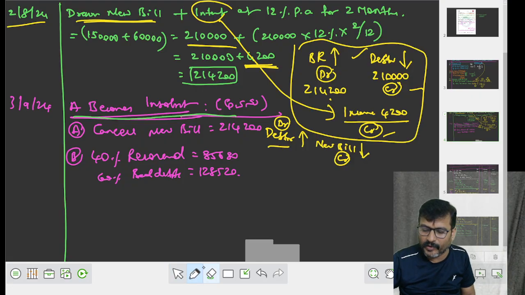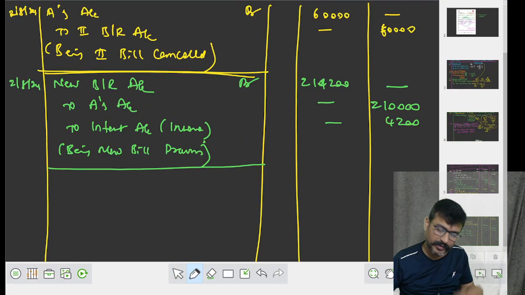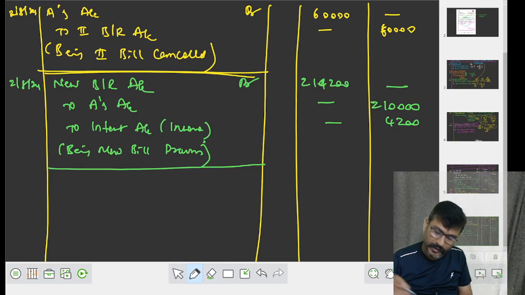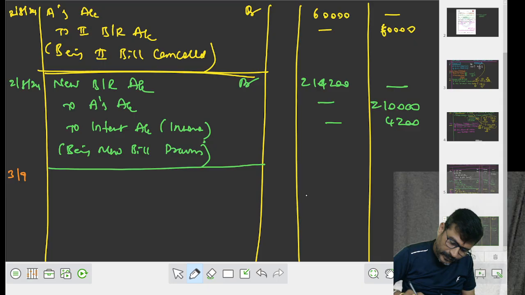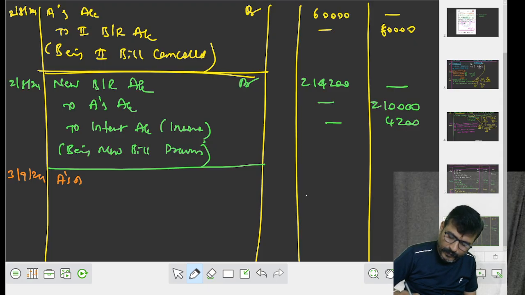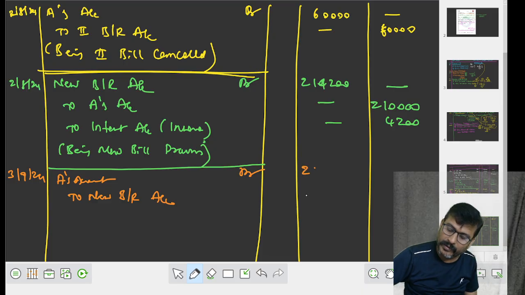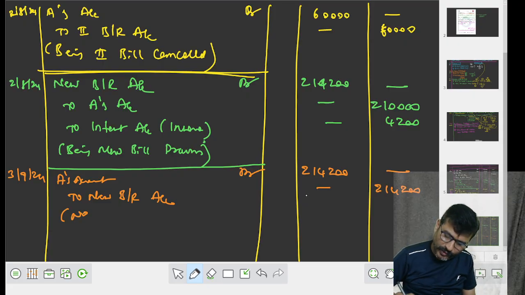Means what, A's account debit to new bills receivable account. कब, कौन सा डेट, 3 सितंबर 24 को. That is, A's account debit to new bills receivable account 2,14,200.